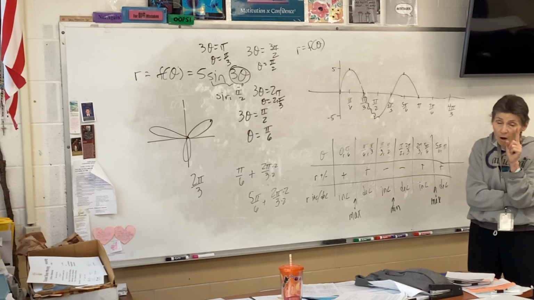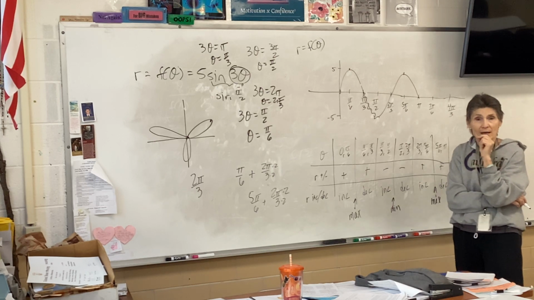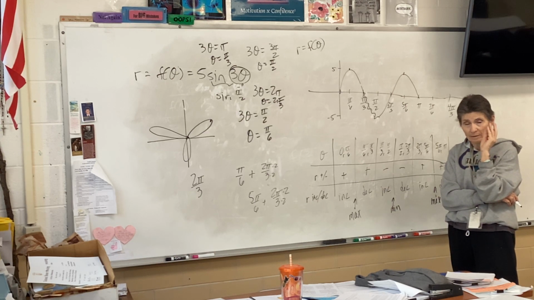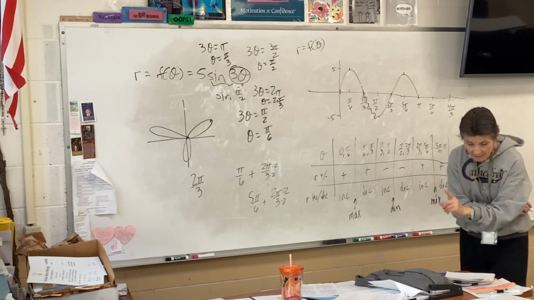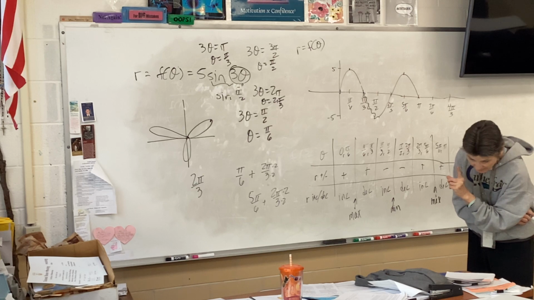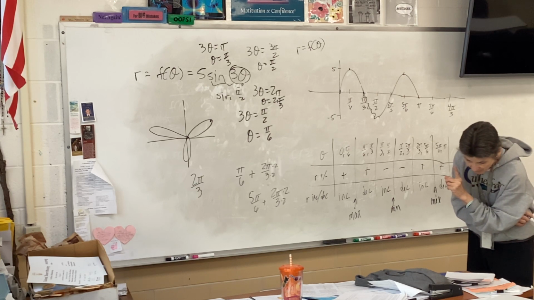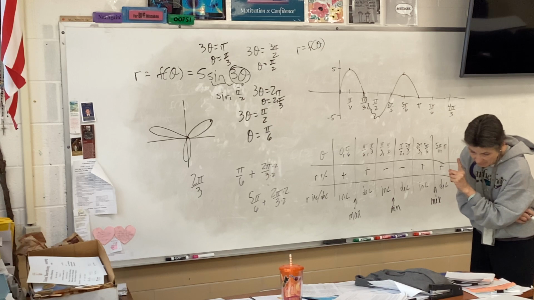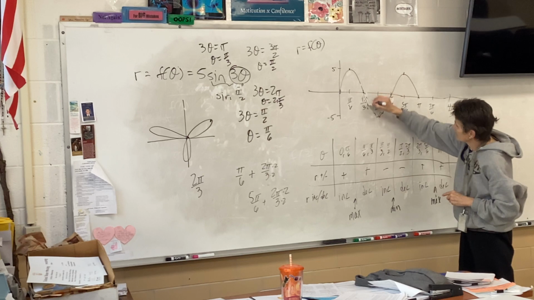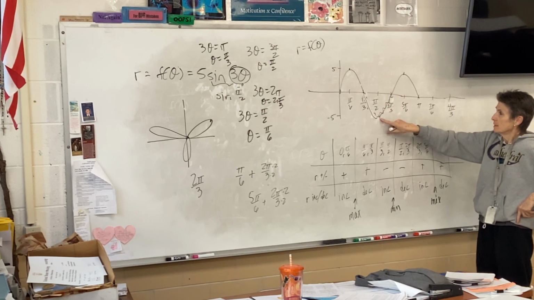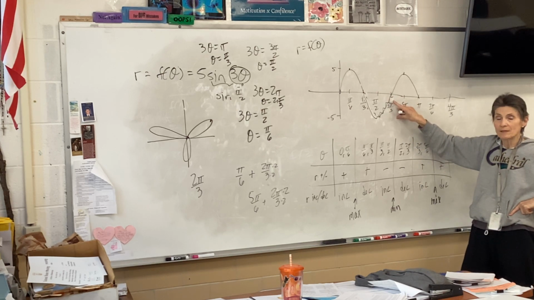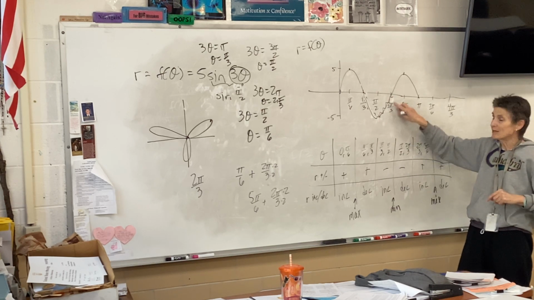Now, I'm talking about R. I'm not talking about the distance from the origin, or from the pole. He says if the radius is increasing, the distance between... okay, so that's okay. Let's look at this one. R, f of theta, is actually increasing on this. The function value is increasing.